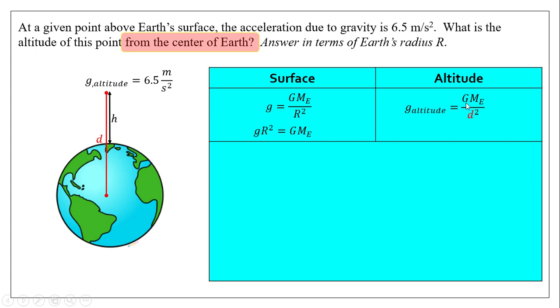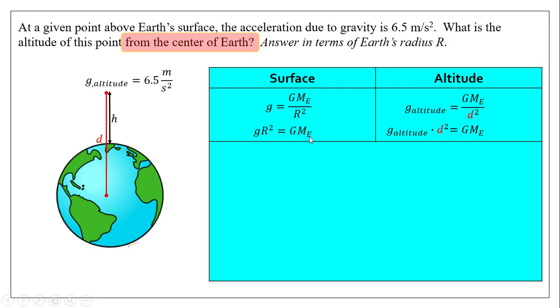But I notice, again, the numerator on the right side of the equal sign here is also the same. So in order to get that by itself, I will multiply both sides by d squared. Same algebra step. So therefore, I have a statement that says g at some altitude times the distance from the center squared is equal to big G times M Earth.